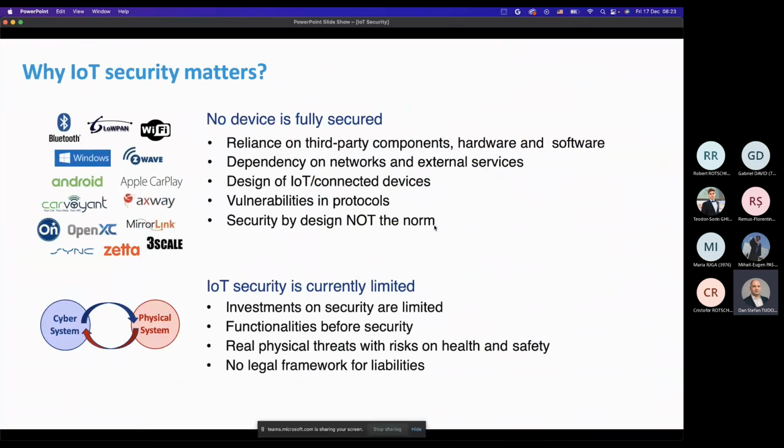Why does IoT security matter? Well, no device is fully secured. You usually have reliance on third-party components. You usually have reliance on hardware and software that might not be entirely developed by you. So there's a dependency on networks, there's a dependency on external services, because IoT applications usually are complex.